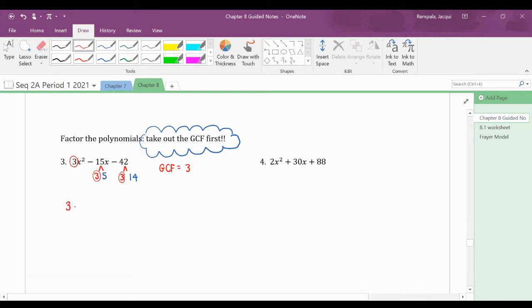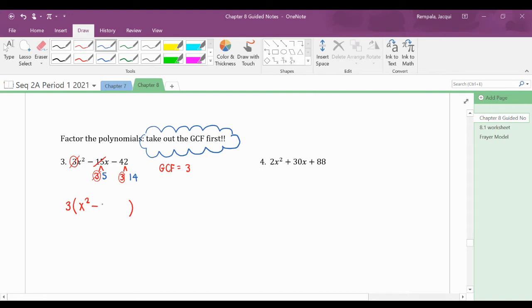So remember, if I take out that GCF, my goal now is to put whatever's left over back in parentheses. So looking at my original problem, 3x squared, I took out the 3. So notice that the first term, I'm left with an x squared. I'm going to bring down that subtraction sign. 15 you can ignore because we broke that down into 3 times 5. But notice that the 3 we moved to the outside.